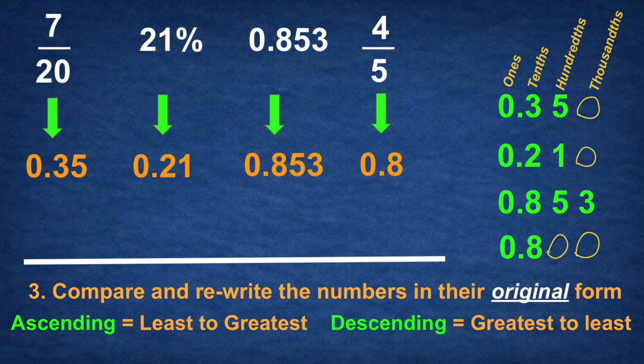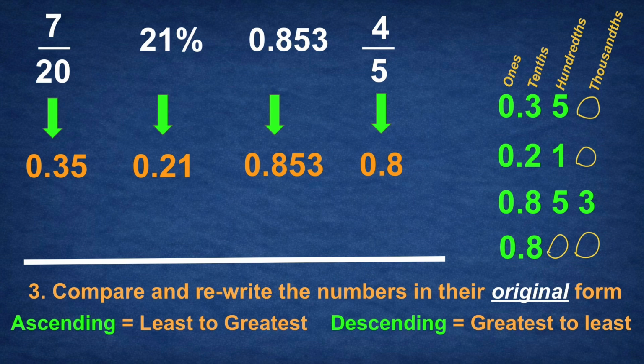I want you to think about a plane taking off, ascending into the sky. Okay, you're starting low and you're going high. Descending is going to be greatest to least. Think about that airplane already in the sky. You're going to descend to the ground. You're starting high, you're going low. Greatest to least, biggest to smallest.